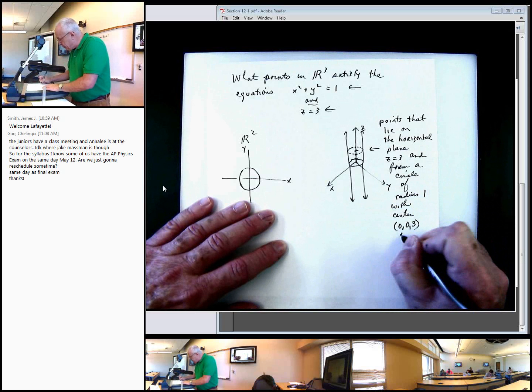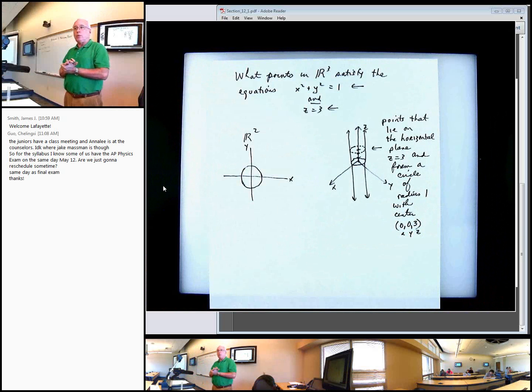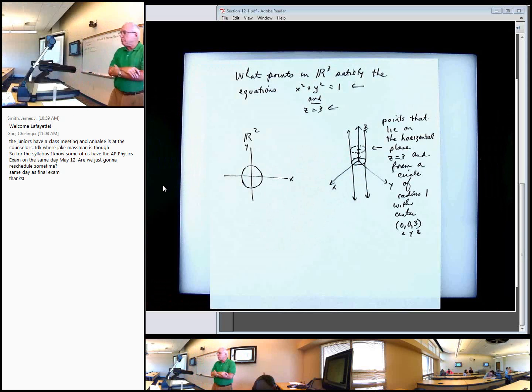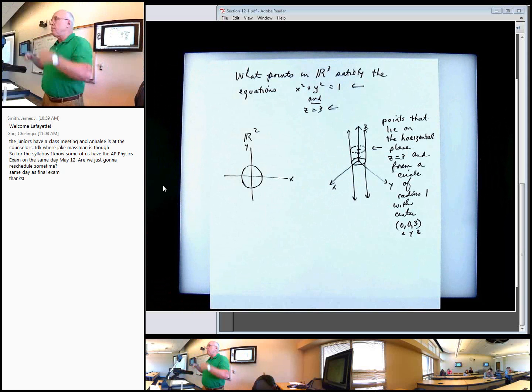X would be 0, Y is 0, and Z is equal to 3. So that would be what that particular surface would look like. It would just look like a circle suspended up 3 units.